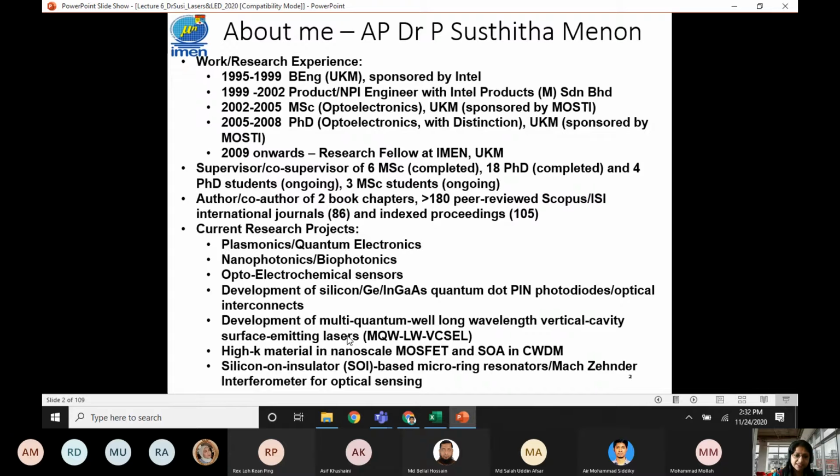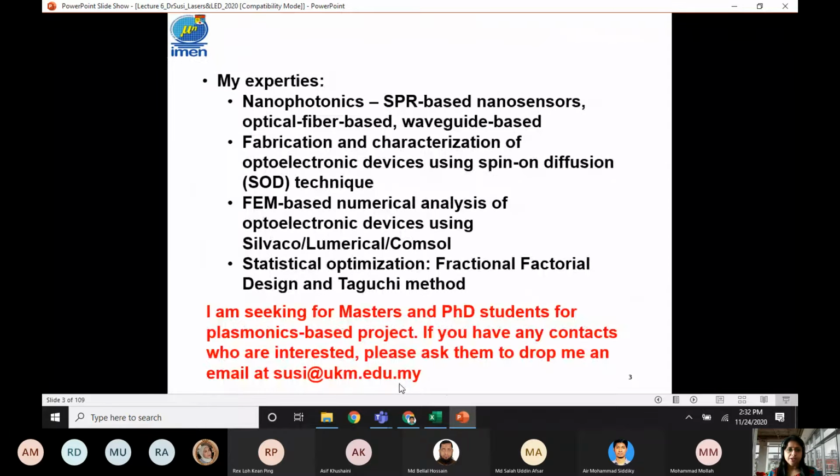This is a type of semiconductor laser. Also, some research on high-K material in nanoscale MOSFET. This is transistor, and also semiconductor optical amplifier in CWDM. Also, silicon on insulator-based micro-ring resonators, Mach-Zehnder interferometer for optical sensing. My expertise is mainly on nanophotonics, SPR-based nanosensors, optical fiber-based, and also waveguide-based.